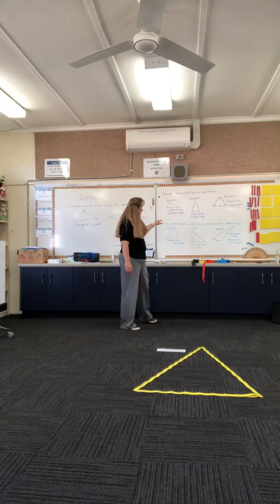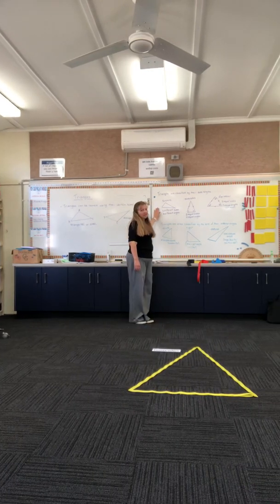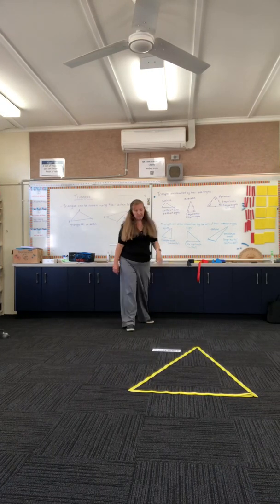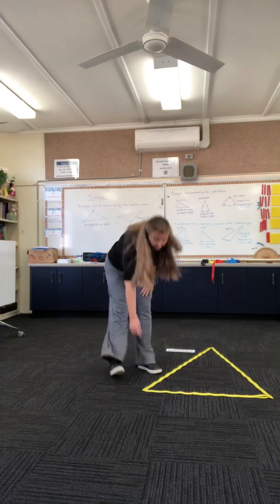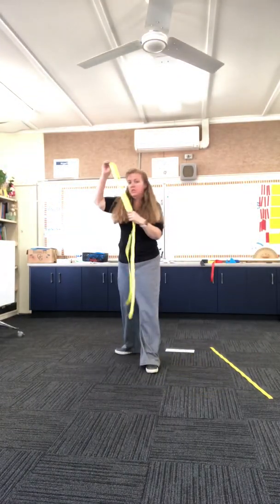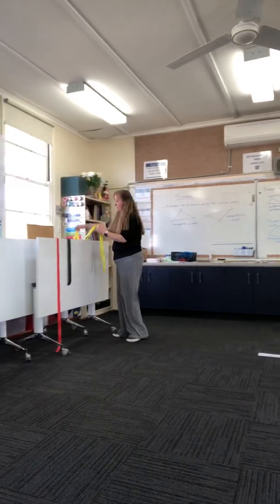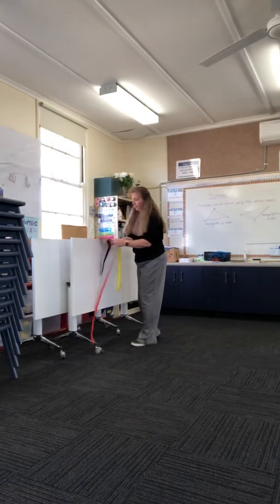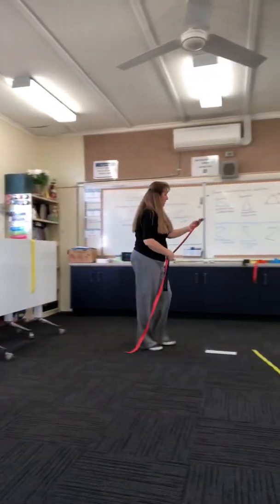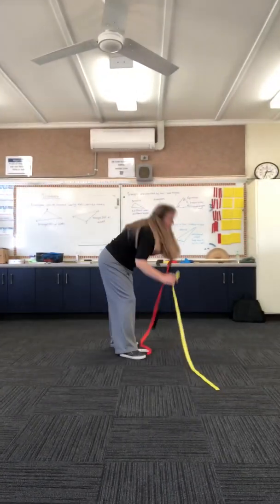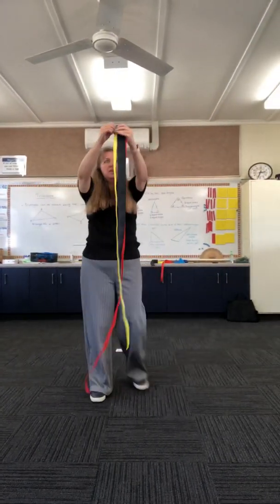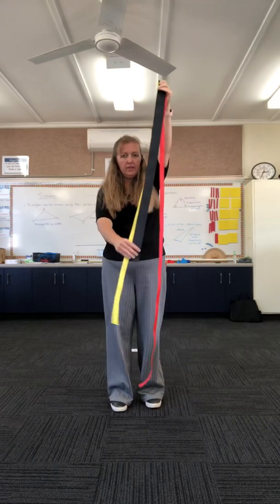Okay, our last triangle is a scalene triangle. The way I'm going to do this one is I'm going to put these two sides away, and now I'm going to have 3 different length sides.